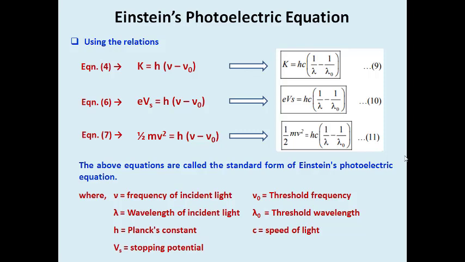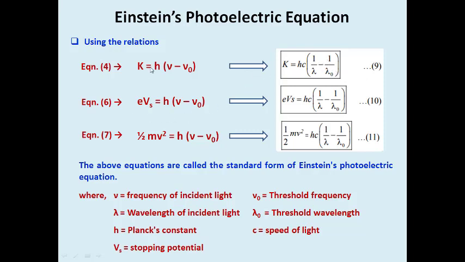Now we modify the equation, instead of frequency, to wavelength. We already know nu will be equal to c by lambda. If I replace nu with c by lambda, c is a constant term to be taken out, so the kinetic energy K equal to h times (nu minus nu naught) may be written, as given in equation number 9, as hc times (1 by lambda minus 1 by lambda naught).